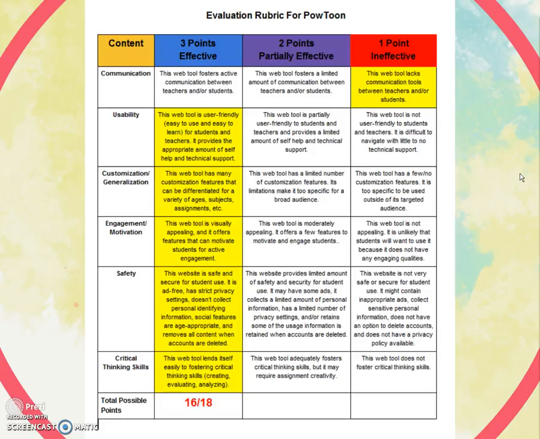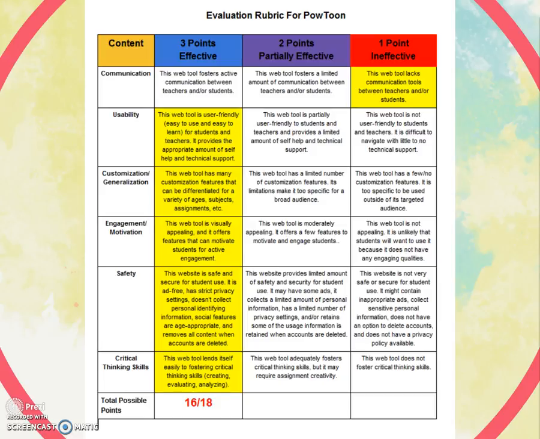But on all of the other factors of the evaluation rubric, PowToon scored very highly. It's very user-friendly. It has a lot of customization and generalization. Of course, it's engaging because students love to animate and they love to make videos. It's definitely safe because a teacher can create their own generic login for the class, or if they sign up for the PowToon EDU, which is the education version, they can create a class login, which of course goes along with COPPA.